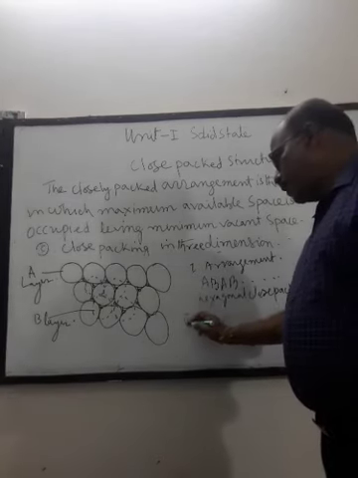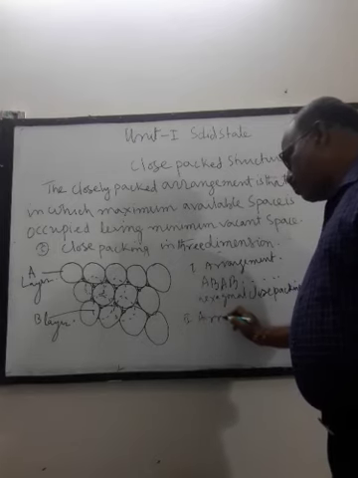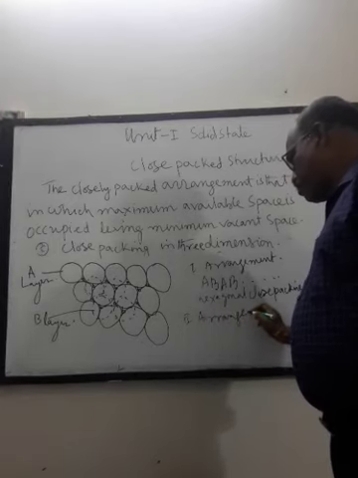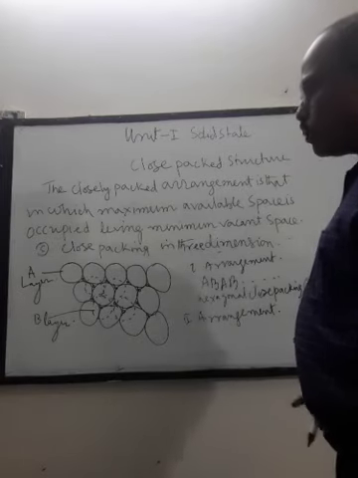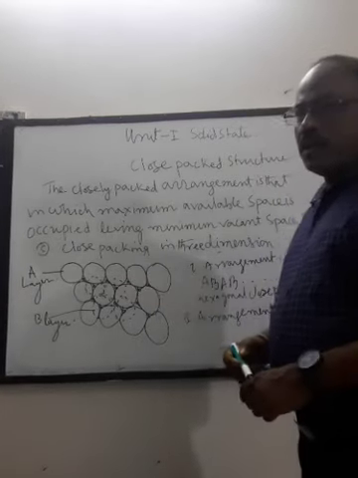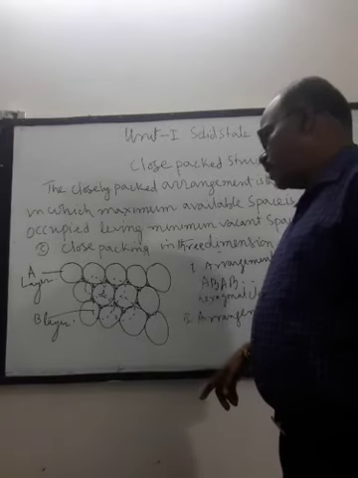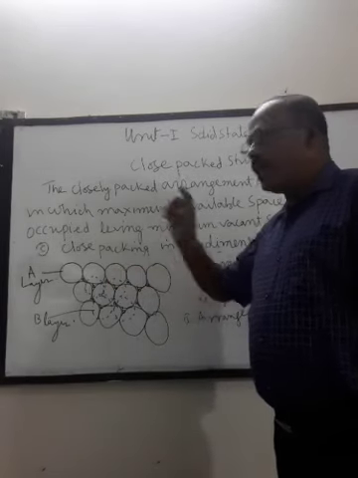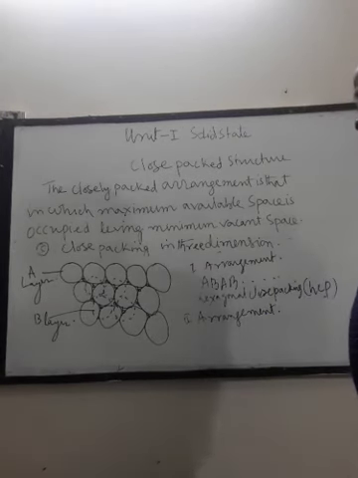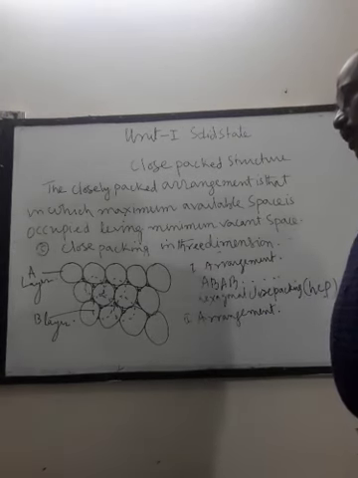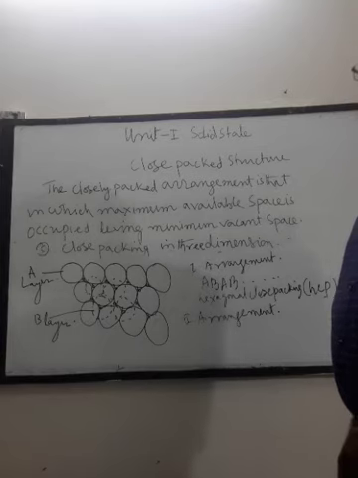And the second arrangement: if the third layer is not placed in C void, but is placed in the original A void, which is left unoccupied, then the third layer is entirely different from the first and second layer.